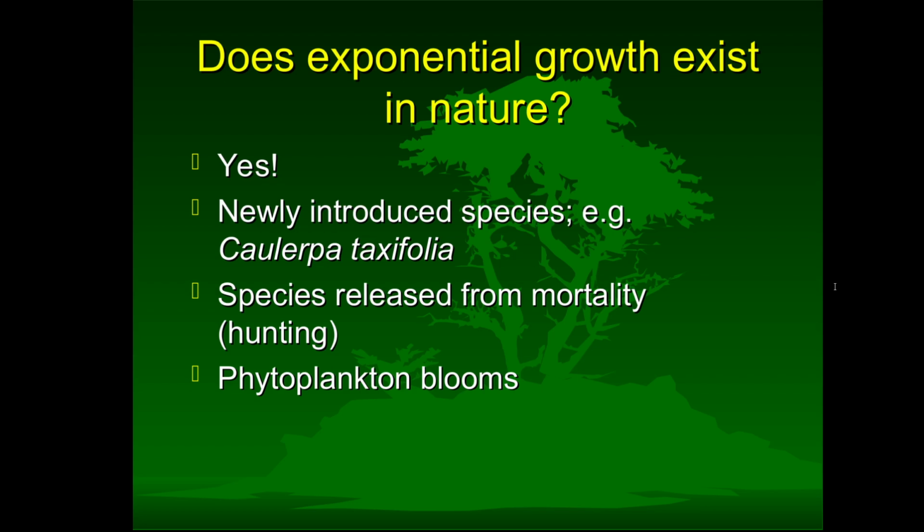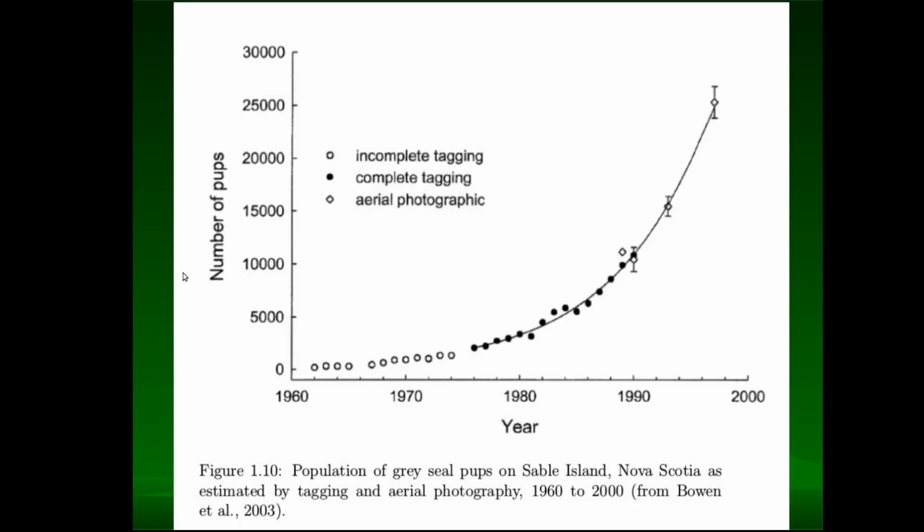Exponential growth also occurs when there's a sudden drop in an important source of mortality, as for instance, a drop in human hunting of gray seals on Sable Island in Nova Scotia in 1960, which resulted in an explosive exponential growth in the number of pups in the gray seal population.